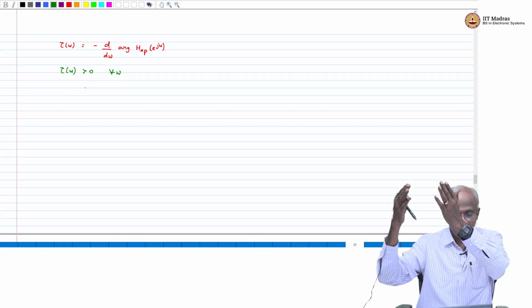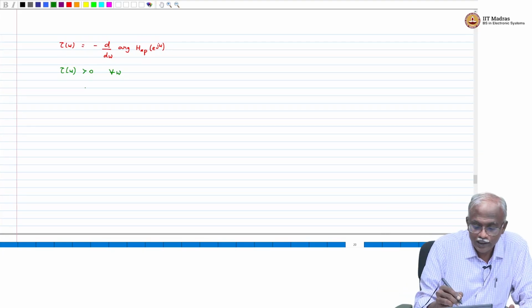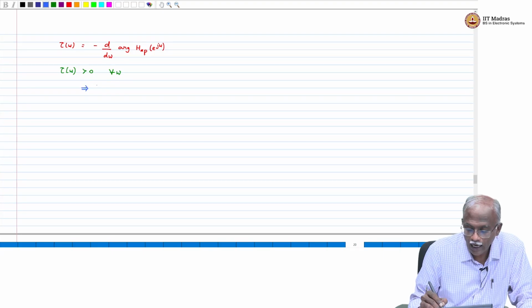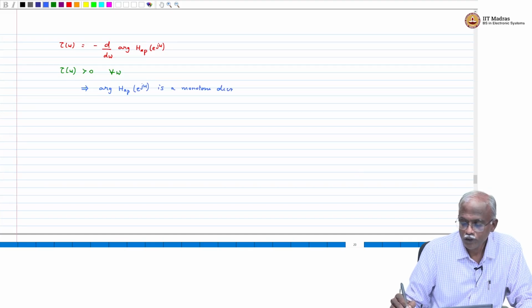Only then the negative of the slope will be positive. So this implies that the argument of H_AP e to the j omega is a monotone decreasing function.